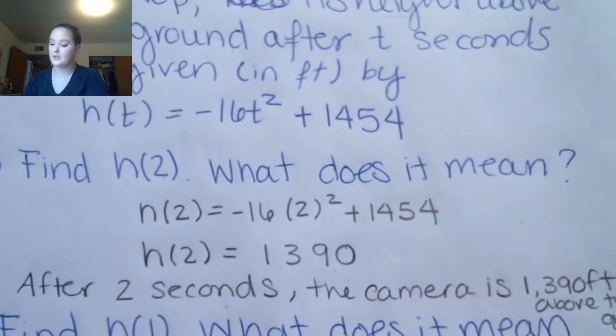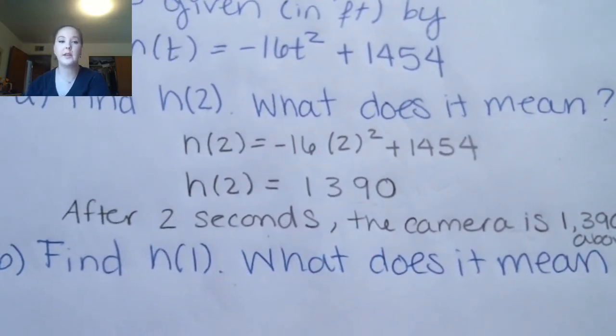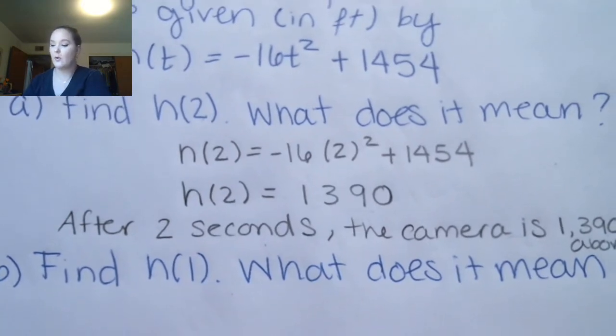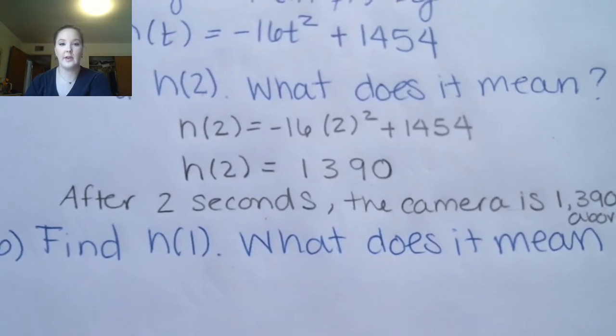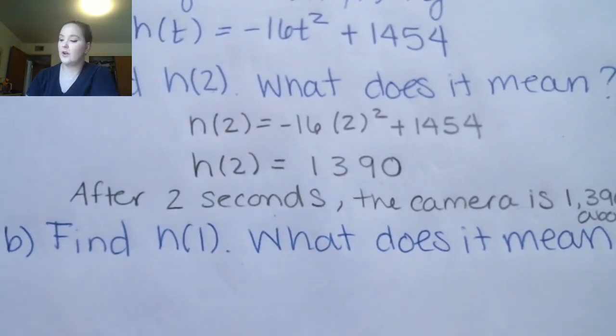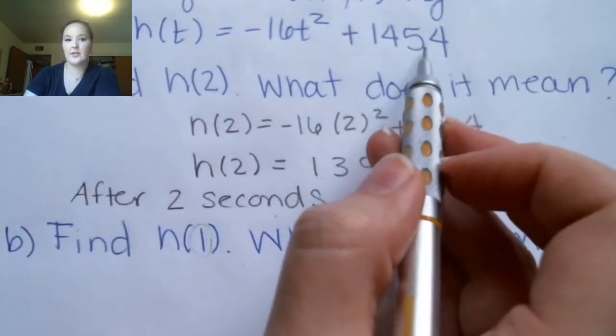Okay, so we're going to do a real similar question here. Find h of 1. What does it mean? So if you're doing this at home, I encourage you to pause the video and do this one yourself. Okay. Now, if you've unpaused, you've already done this, you know that we need to plug in this 1 to our function.